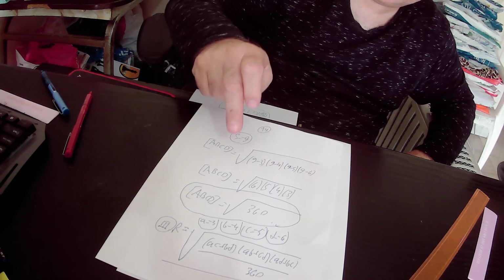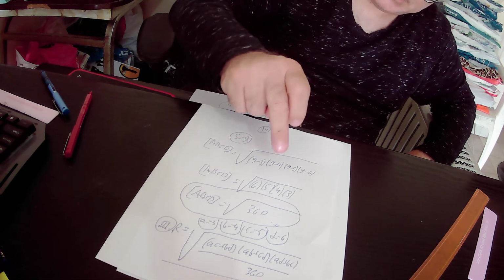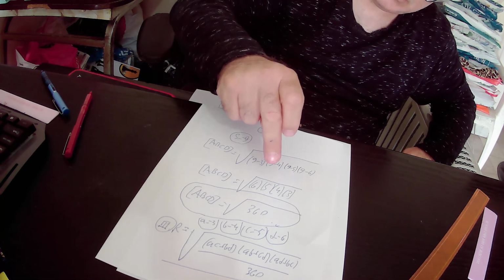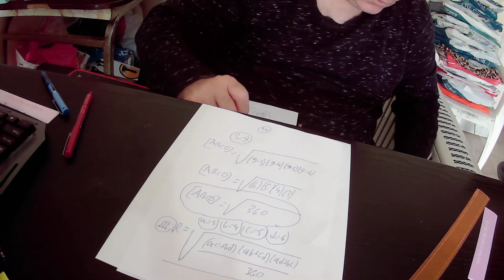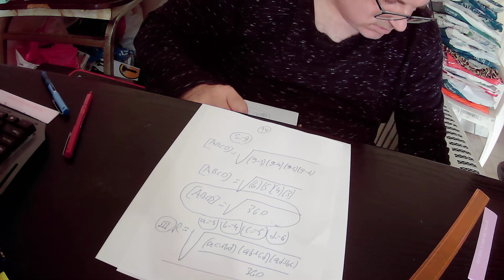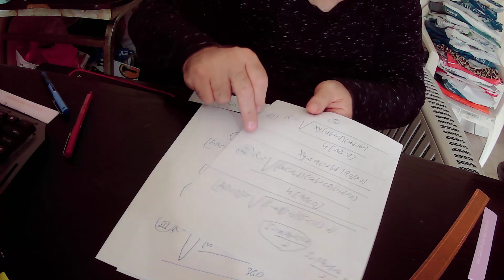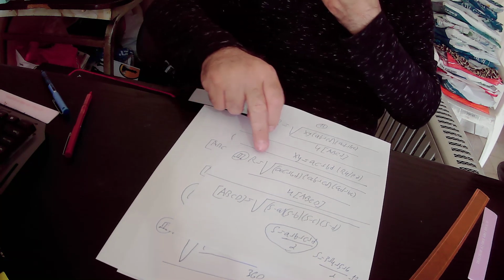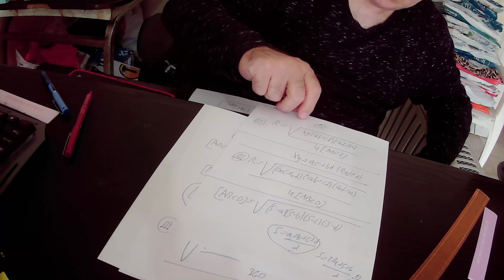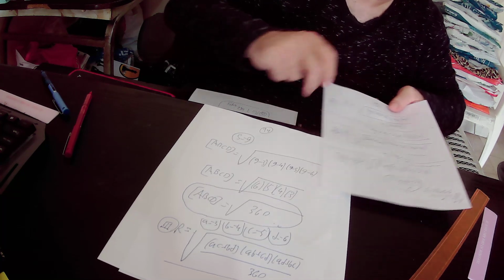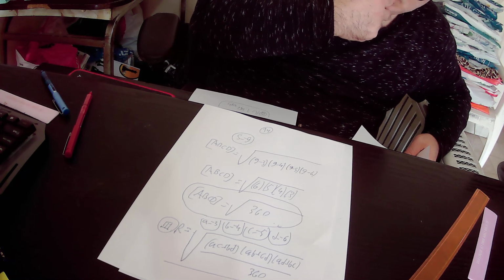So we found out that the area of quadrilateral ABCD equals the root of 360 square units. So we substituted the area of quadrilateral ABCD in equation number 3 by the root of 360.